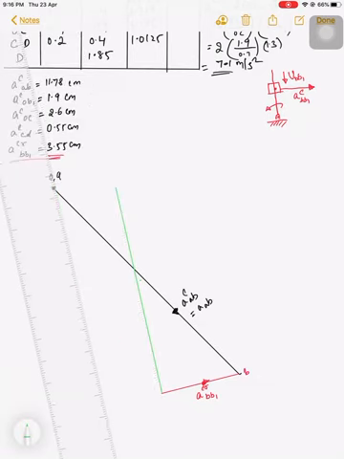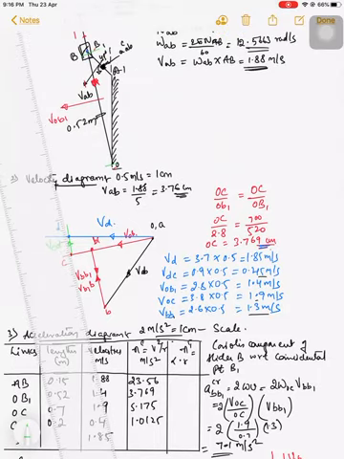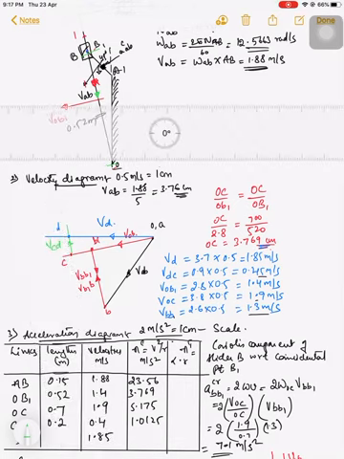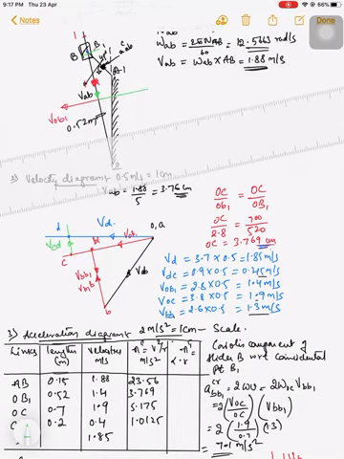Now let us consider the link OB1. Here two components are acting. One is the radial or centripetal component towards the center of rotation, and another component is exactly perpendicular to this link. This is what I told you about VOB1, either in this direction or this direction. We do not know.